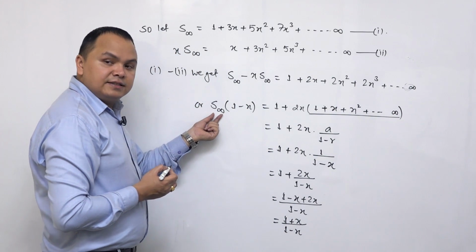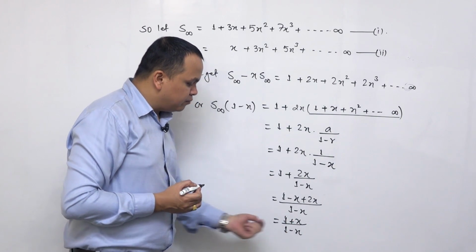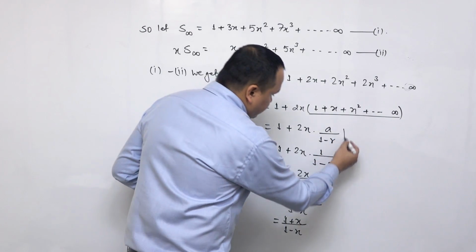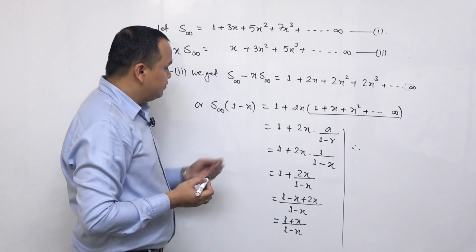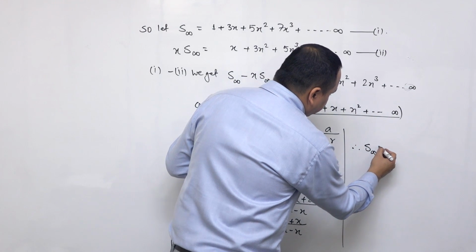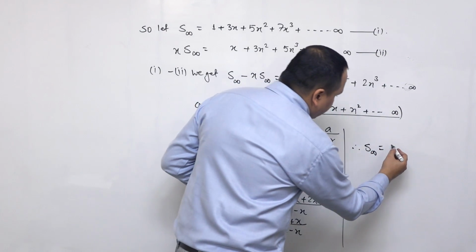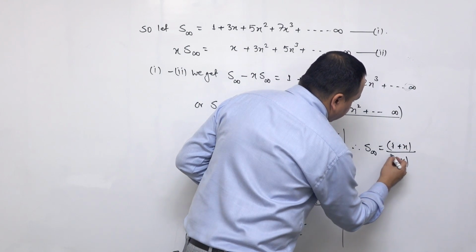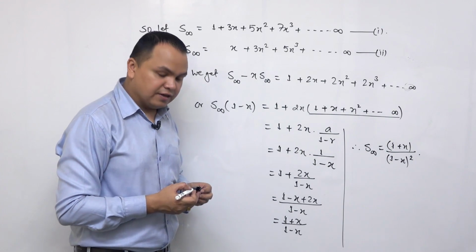Here S infinity times 1 minus x is equal to 1 plus x upon 1 minus x. So therefore, dividing both sides by 1 minus x, we get S infinity equal to 1 plus x upon 1 minus x whole square, which is the required answer.